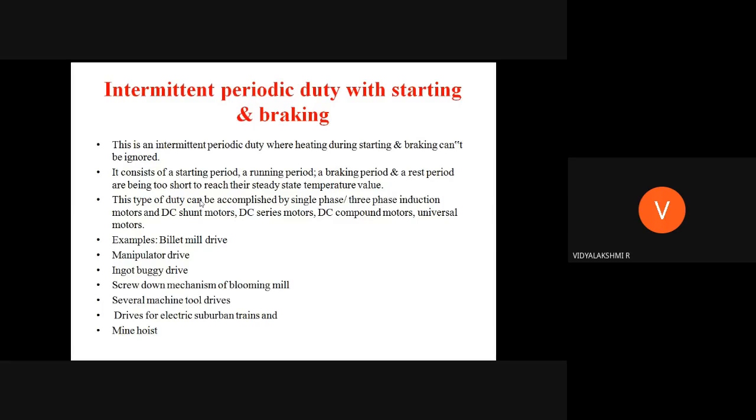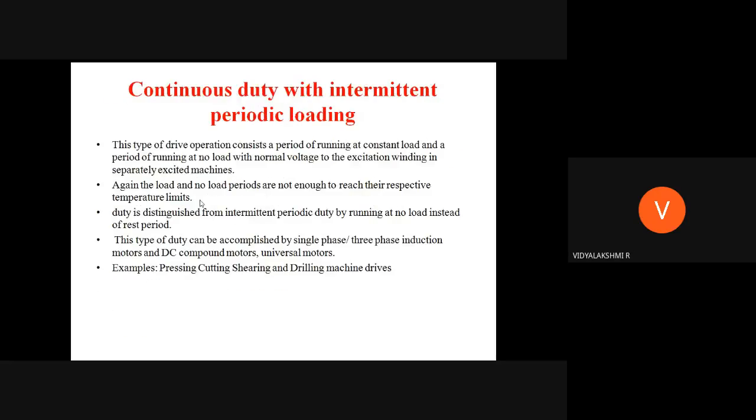Okay, ma'am. The next one: continuous duty with intermittent periodic loading. The last three types, 6, 7, 8, don't have a graph. I am simply saying what is meant by continuous duty with intermittent periodic loading. Please note it down.